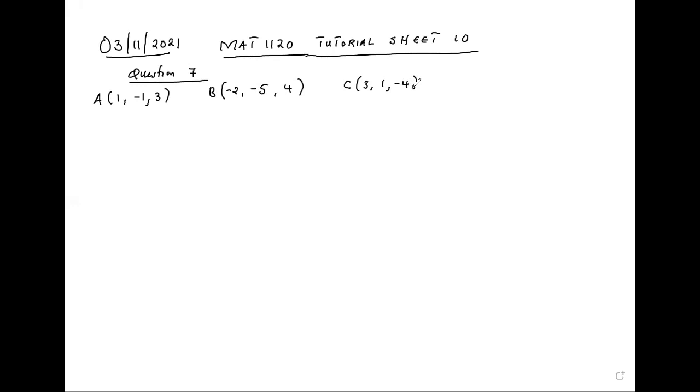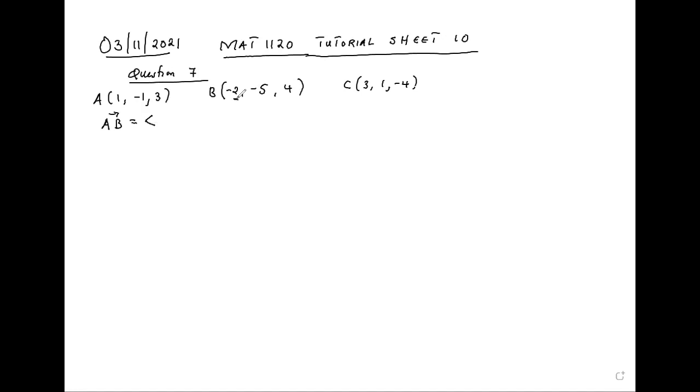So we need to form vectors connecting these coordinates, and we just need two vectors. So we'll do AB and then we'll do AC. Then we'll be done with finding vectors, then we'll find the area. So AB is a vector.